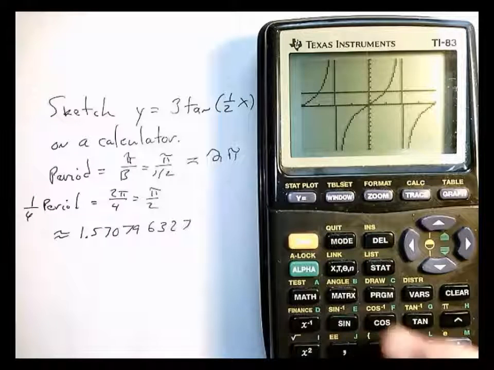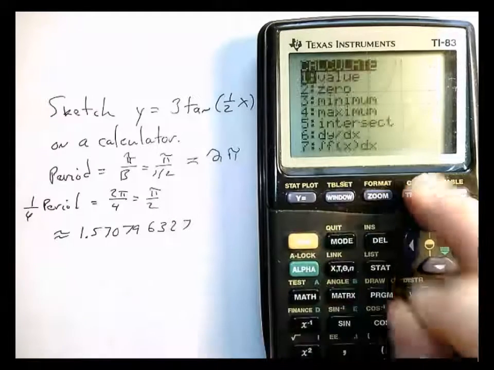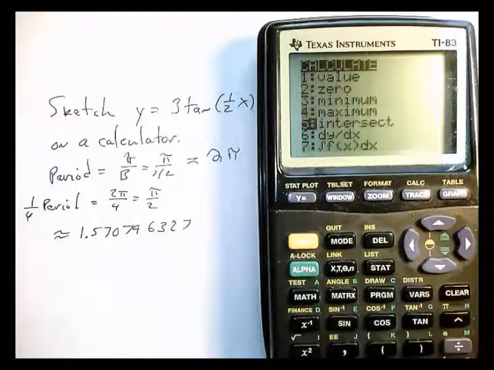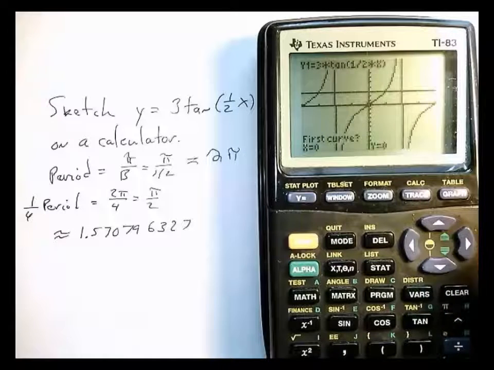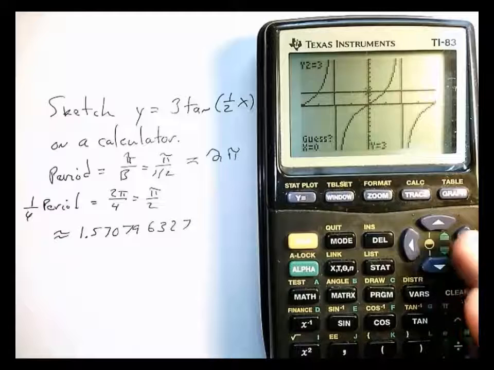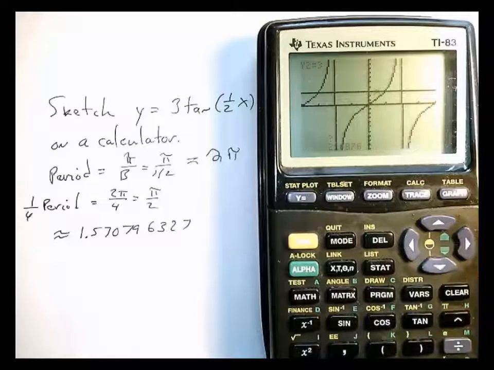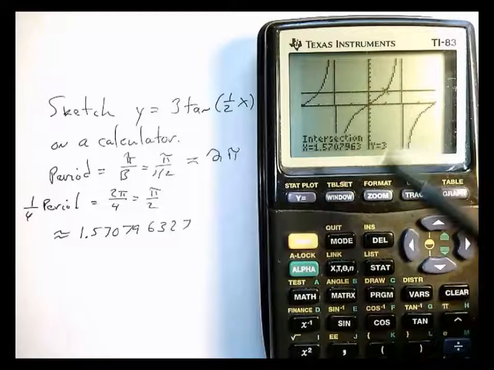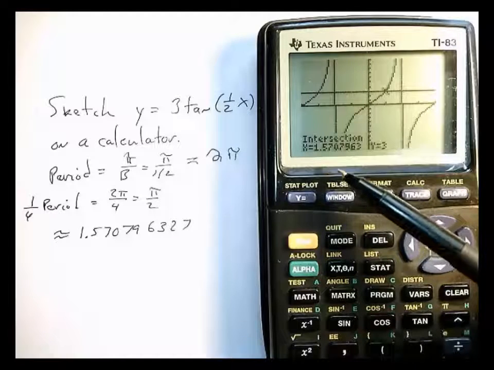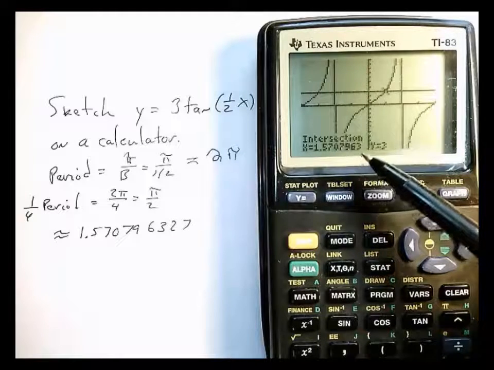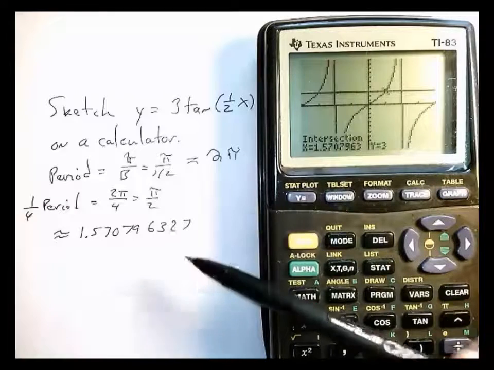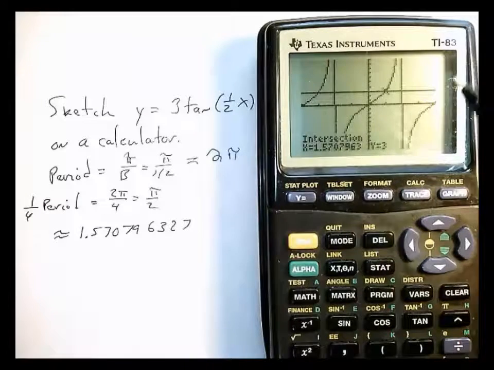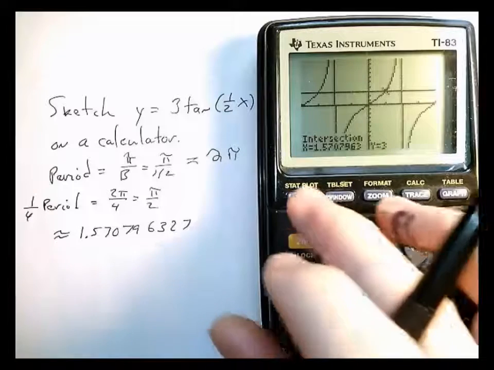And then I can calculate the intersection. So my first curve, second curve, and then I guess. And so when y is 3, I have this 1.5707963, which is what I had over here roughly. So I know this is the right graph. And then this repeats over and over.